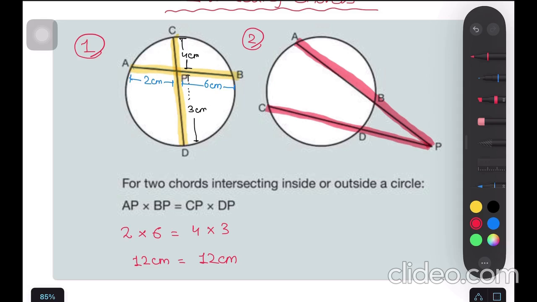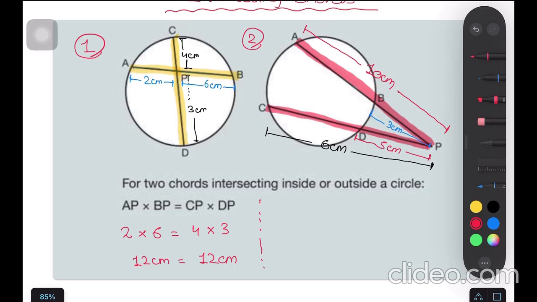Again, this theorem states that if they are intersecting outside the circle, the difference is this: for example, the total length here is 10 centimeters, and the outer length, meaning the part of the chord which is outside the circle, is 3 centimeters. Similarly, on the other side, the total length is 6 centimeters, and the outer length outside the circle is 5 centimeters.